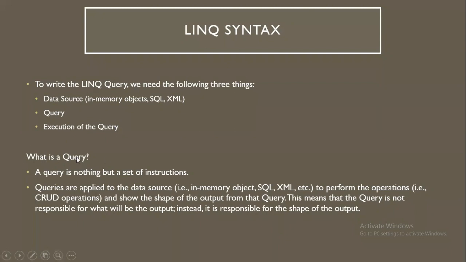What is a query? Nothing but a set of instructions. Queries are applied to the data source to perform CRUD operations and show the shape of the output from the query. This means that the query is not responsible for what will be output. Instead, it is responsible for the shape of the output.